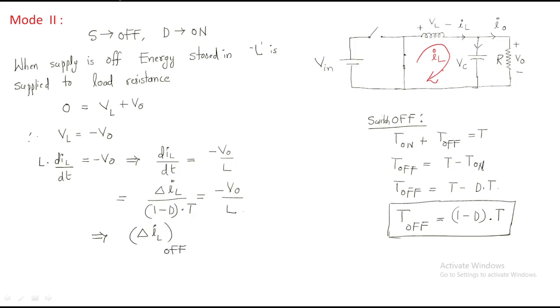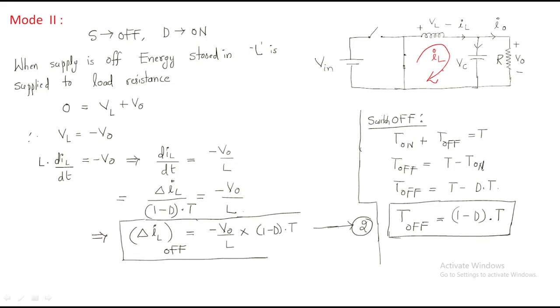We are discussing the off position. So we get the equation as minus V naught by L into (1 minus D) into T. This is the second equation.